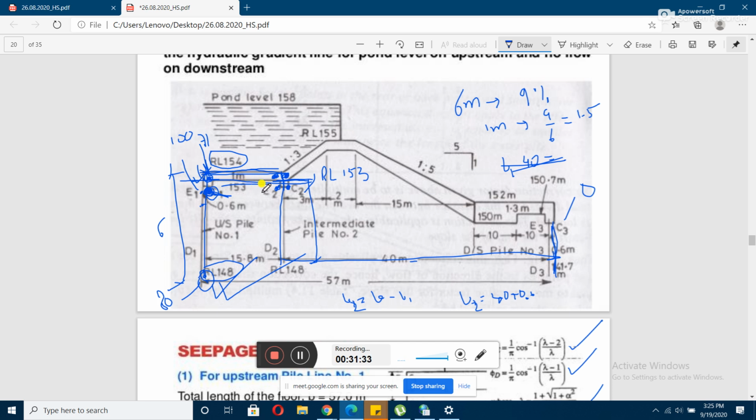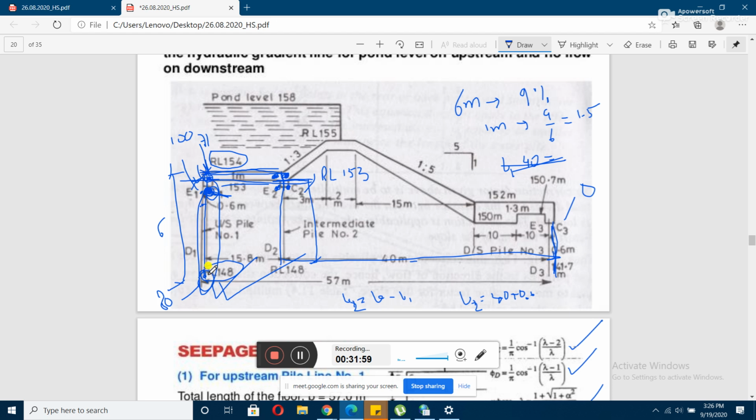What are those corrections? One is for the thickness of the floor, and another is for the interference of this particular pile. For this pile there is a change of E2 value. For this pile there won't be a change at this point. There will be a change at the adjacent point, that is E point only.